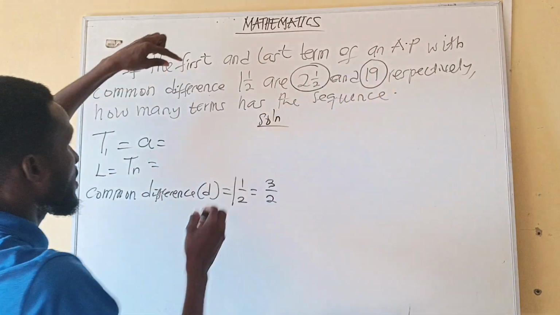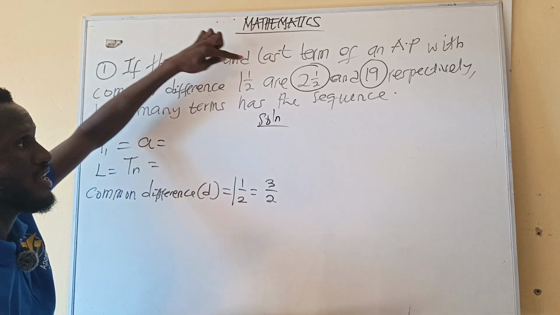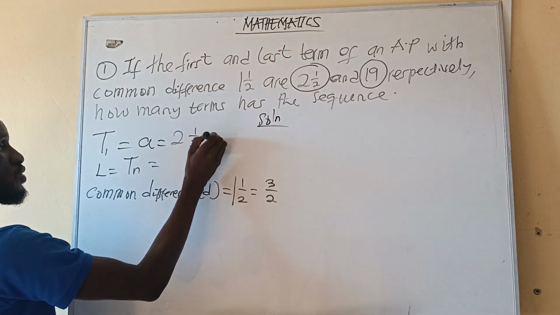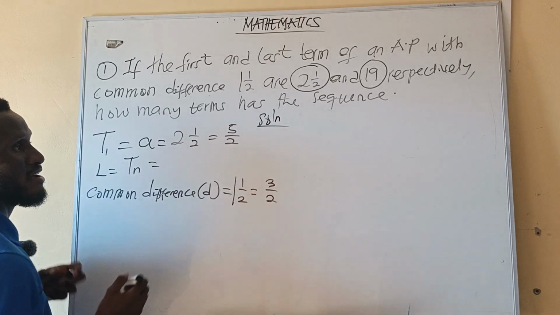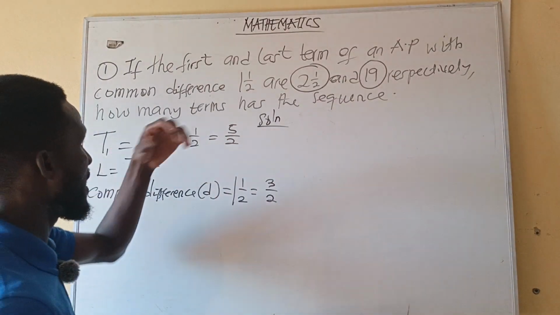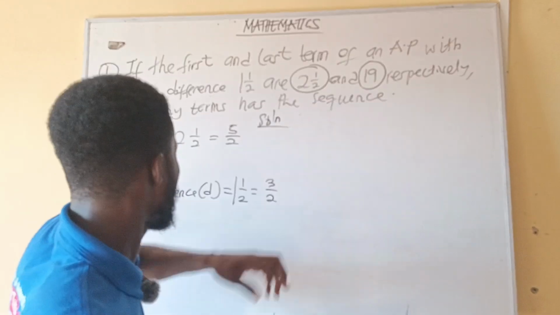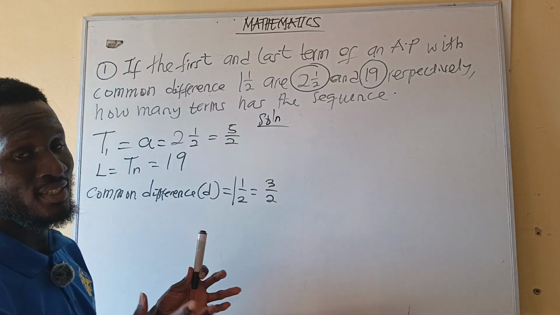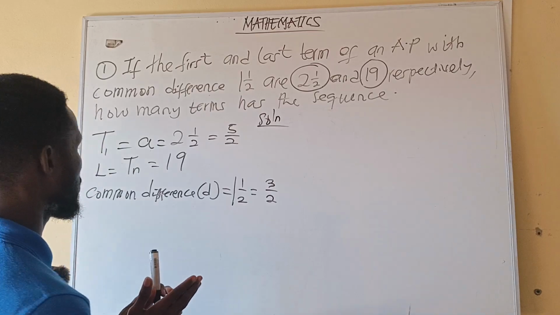The first term is 2 1/2, which is the same as 5/2, and the last term is 19. I think this one is so simple to remember.